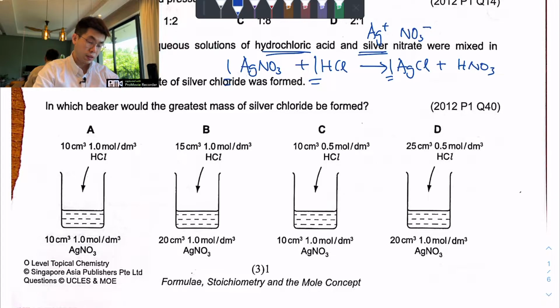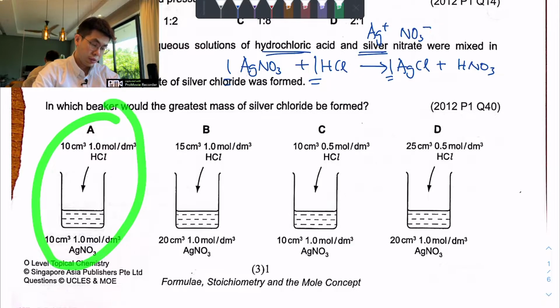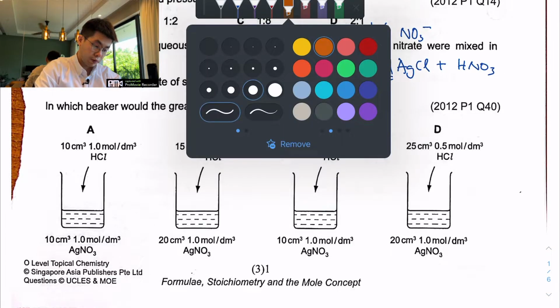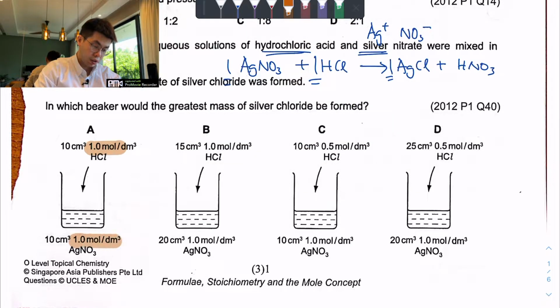So let's take a look at the different examples. So let's look at A first. So A, we see that both of them have the same concentration. So the volume means that the ratio of HCl to NO3 is 1:1. Okay.